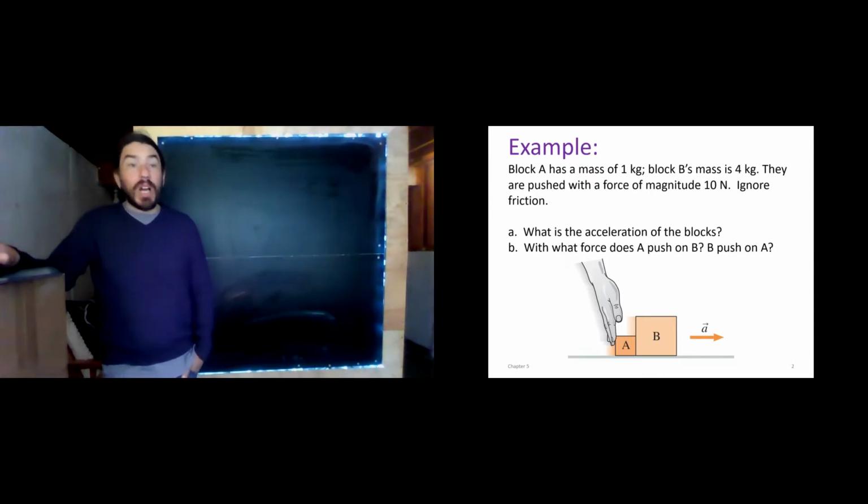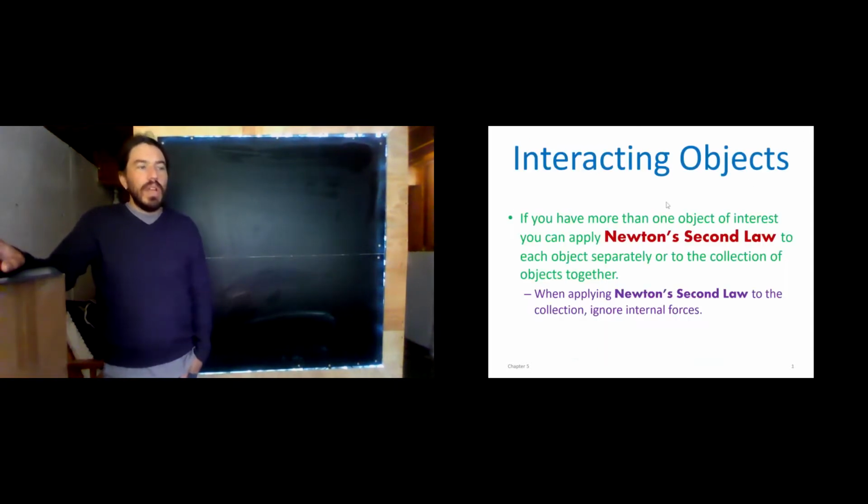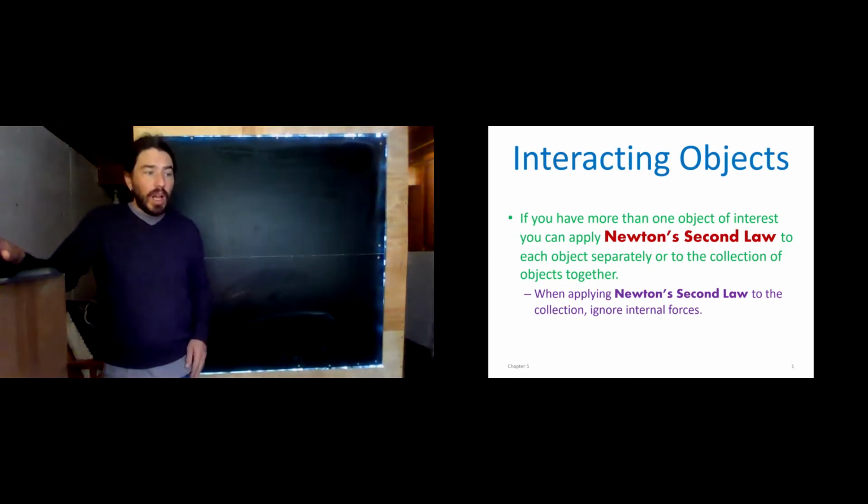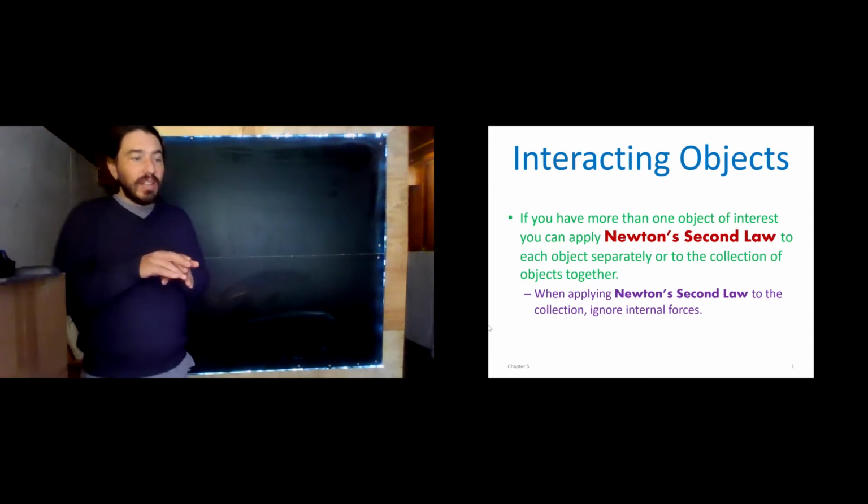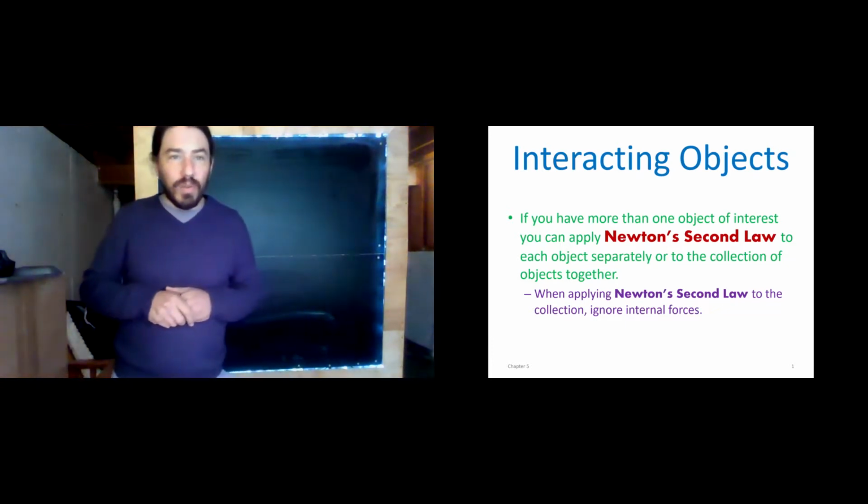But that's the kind of situation I'm talking about in this segment. So, again, we can apply Newton's second law to each object separately or to the collection as a whole. And when we're applying Newton's second law to the collection, we ignore internal forces.